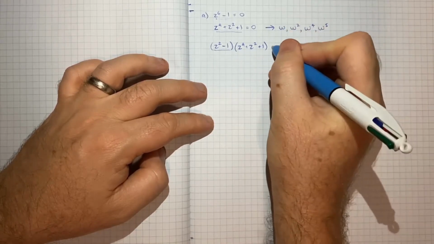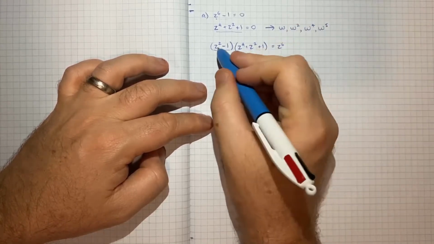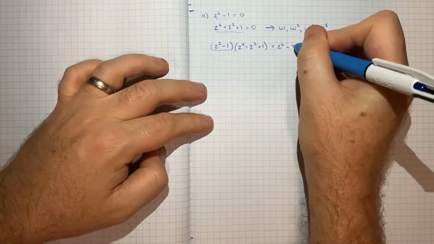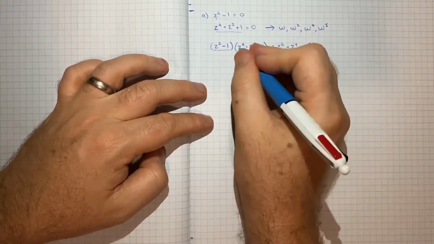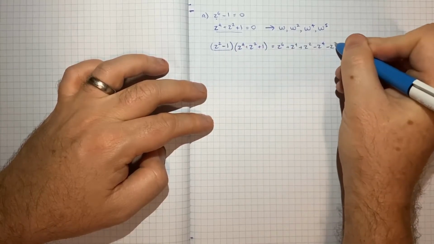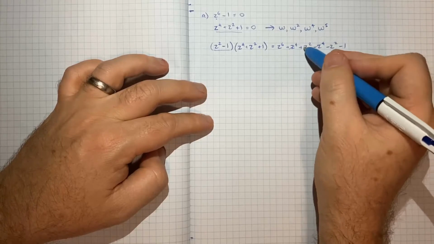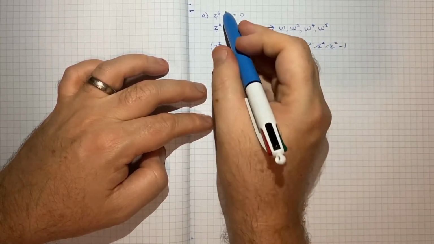But just to expand this, z squared times z to the 4, we'll get z to the 6 plus z to the 4 plus z squared minus z to the 4 minus z squared minus 1. These all cancel and we're left with z to the 6 minus 1 as we need.